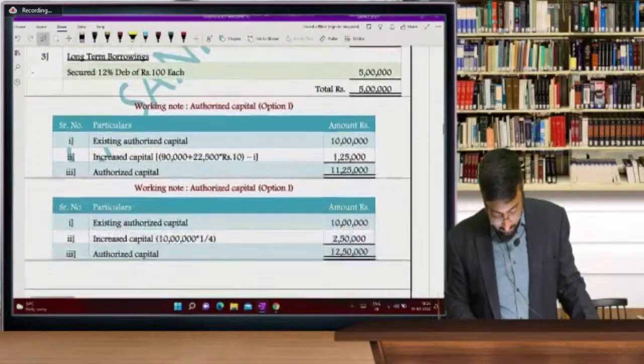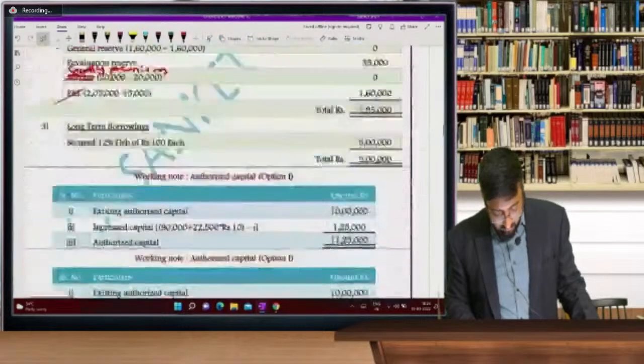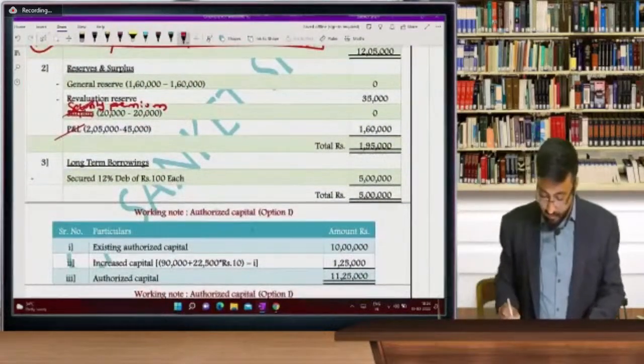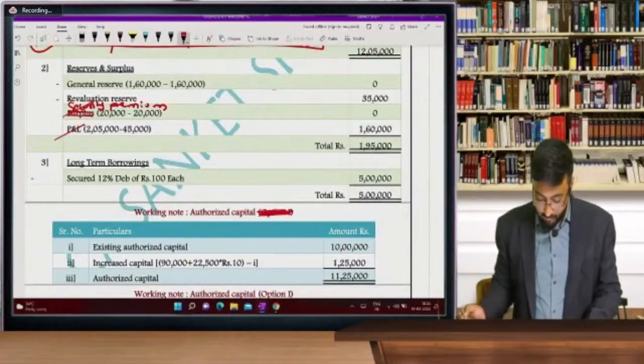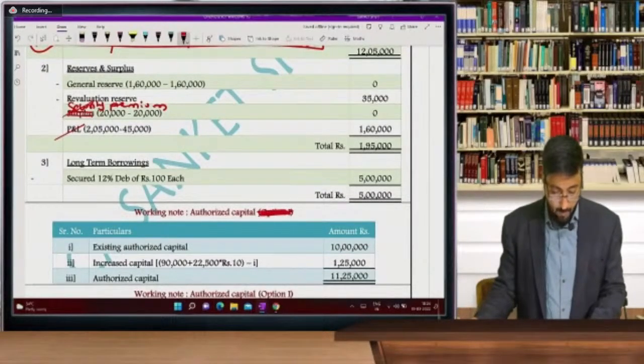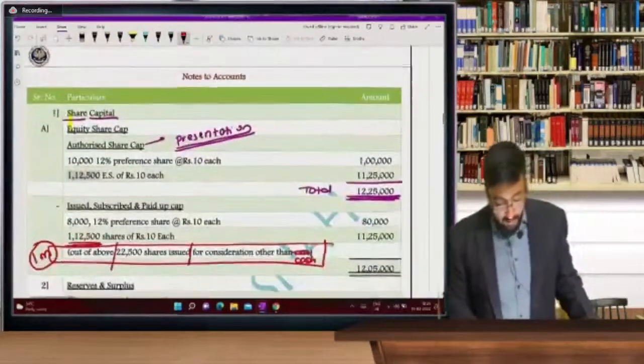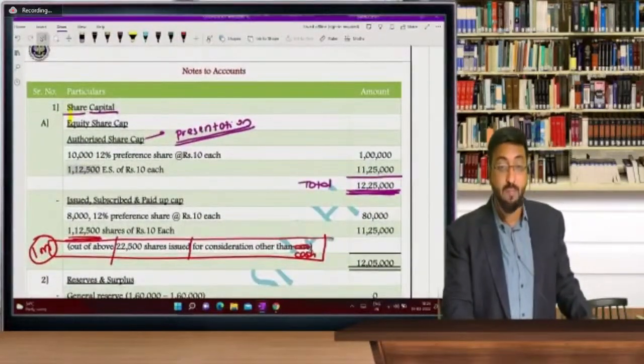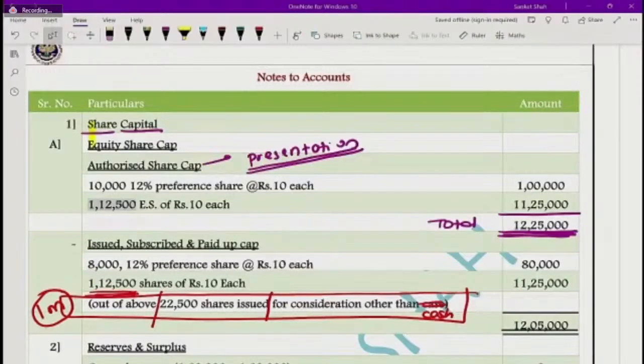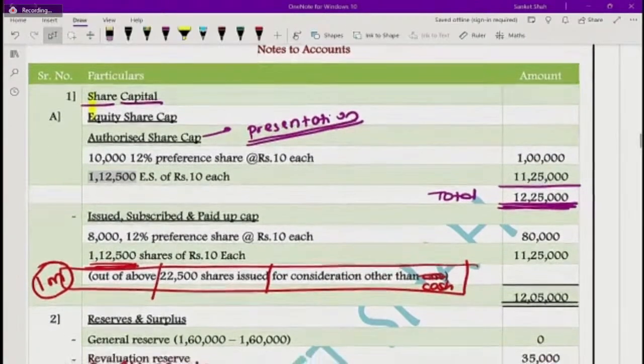Okay. And this note will carry 1 mark. Chalo. So better take a screenshot of these notes to accounts and promise me that you will complete it today only. Now you understood how to present it. Chalo, write.